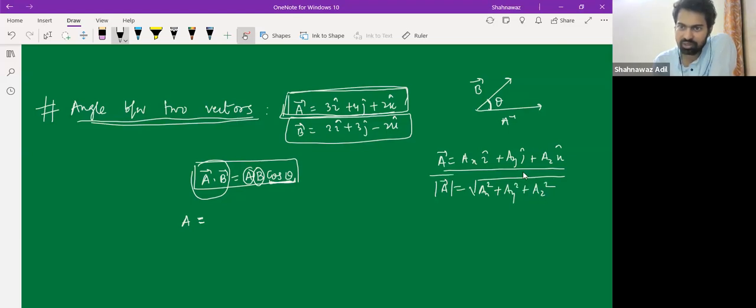Yes, so this is the magnitude. Right, Rishita and Akif? Yes, sir. So then Afaf, you tell me what would be the magnitude of A for this vector. Now you know what is AX, what is AY, and what is AZ.